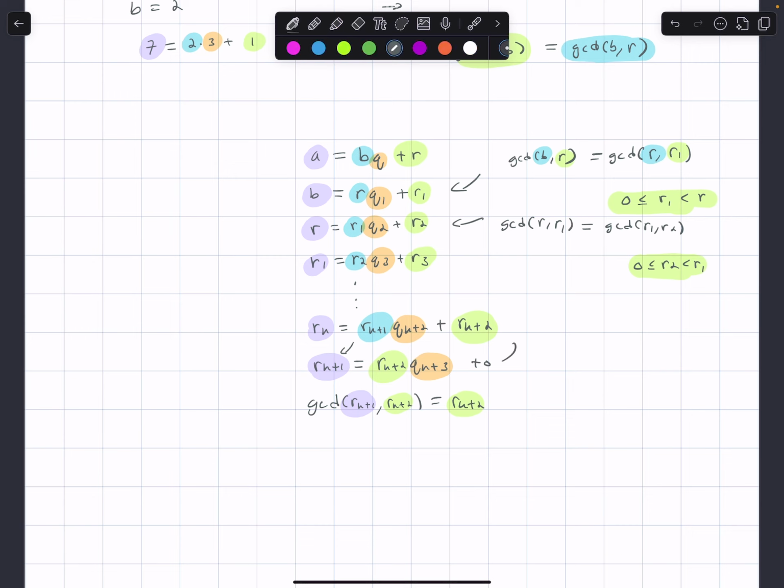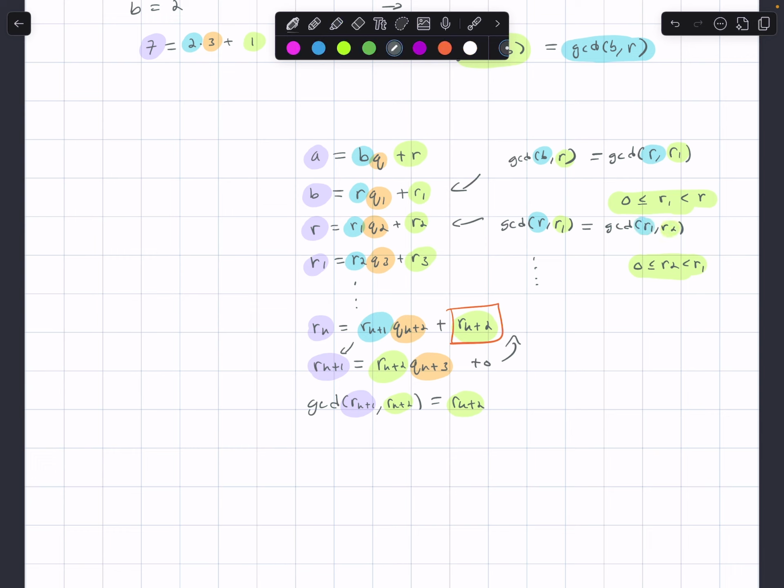And in the Euclidean algorithm, they always tell you, go back and look at this one, right? This is the GCD. That's why. Because when we continued this process, the GCD of A and B is equal to the GCD of the next pair of numbers in each one of these things. So this was the GCD of R and R1 is equal to the GCD of R1 and R2.